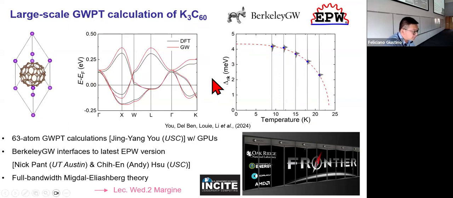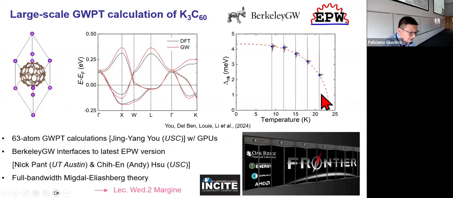It is also worth mentioning that at the current stage, BerkeleyGW can interface with the latest version of EPW, which is done by Nick Pant and Andy, who enabled the latest interface. The calculation is also quite non-trivial, and was carried out by my postdoc, Jingyang You.